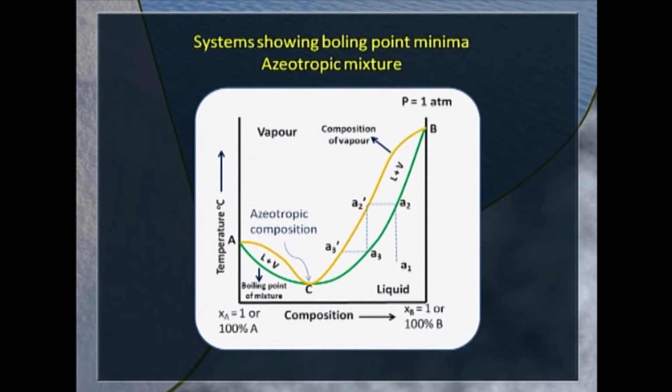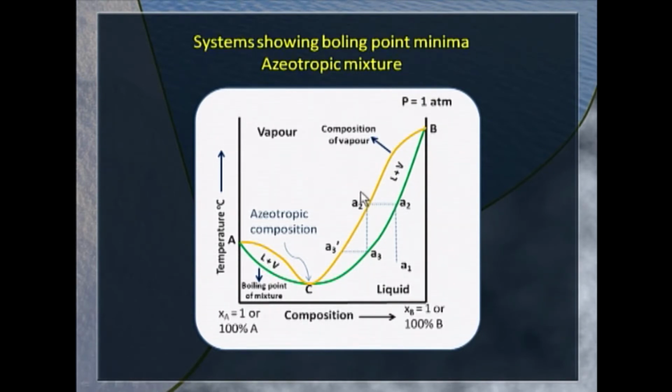Let us try to explain the usefulness of this type of diagrams. You start with a liquid mixture with composition corresponding to A1 and heat it. When we reach the point A2 on the curve here, which can be considered as the boiling point curve of various mixtures, at this point A2, the liquid mixture starts boiling.